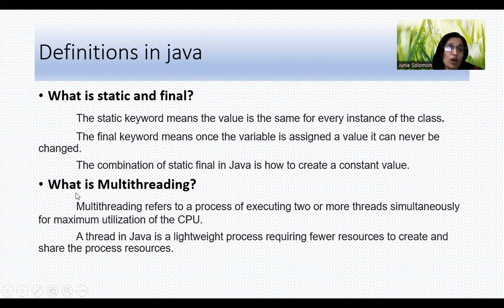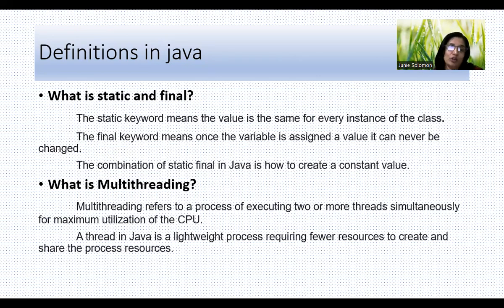Now next is, what is multi-threading? You all know what multitasking is, right? Doing so many tasks at a time. Like when you're studying, you will be watching TV, or doing something else. Doing more than one thing is called multitasking.